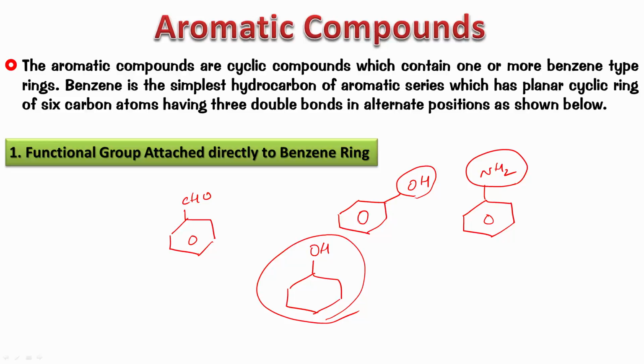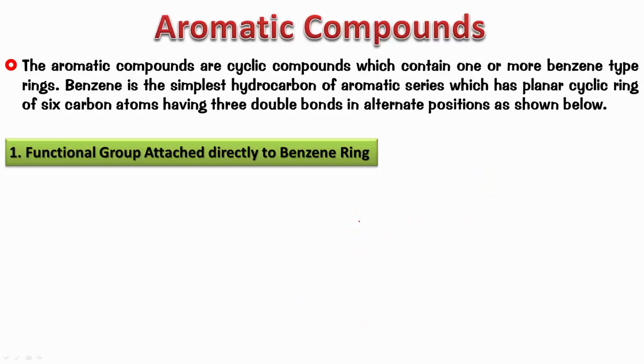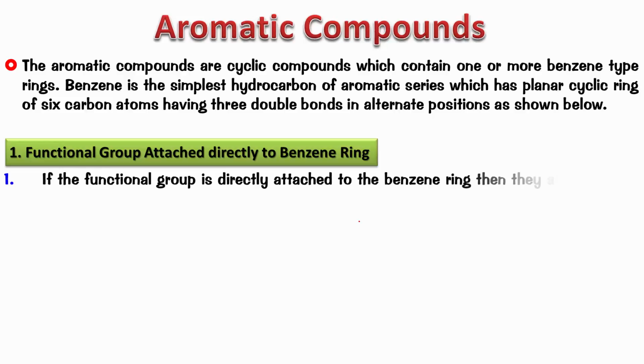Because here, what happens is that these compounds are named as derivatives of benzene. That means benzene is the parent and these are the derivatives on it. So if the functional group is directly attached to the benzene ring, then they are named as derivatives of benzene.